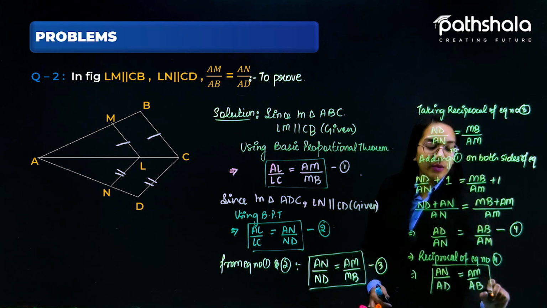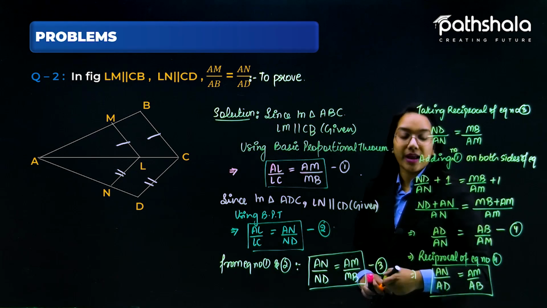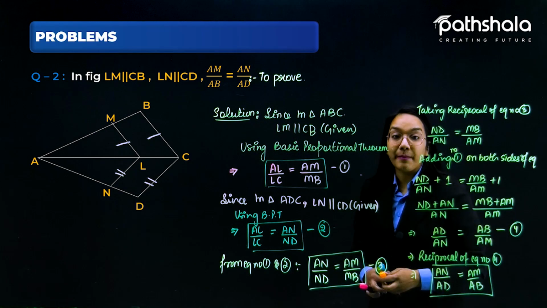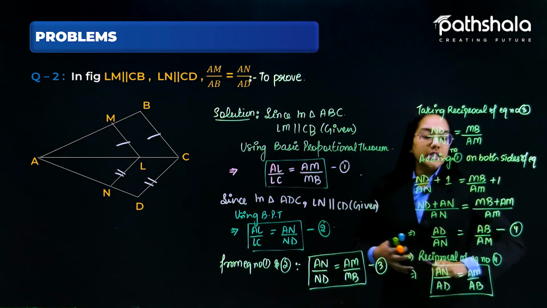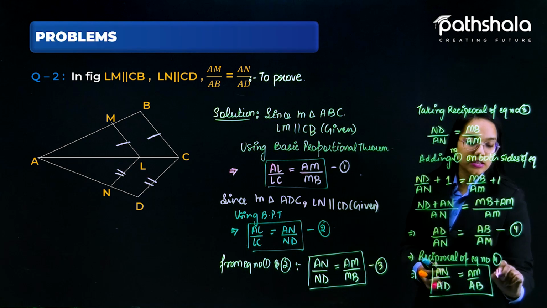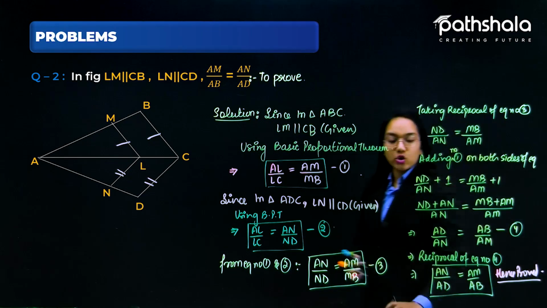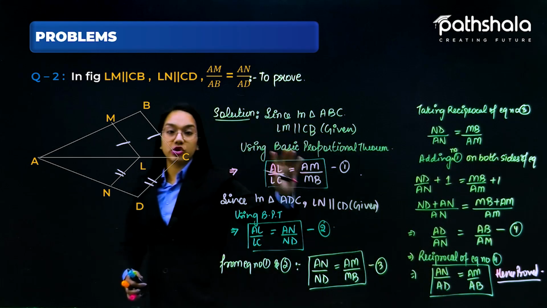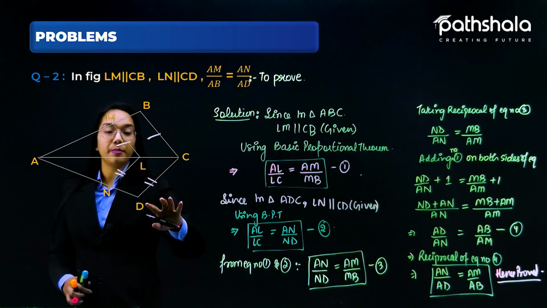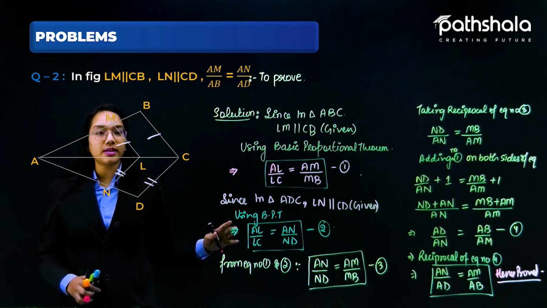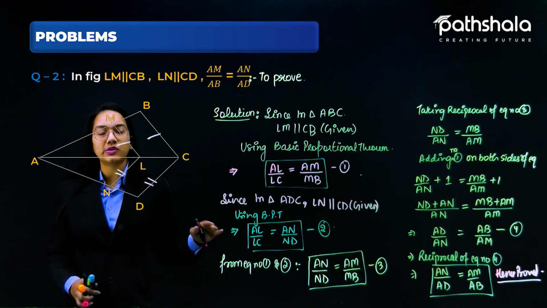And this is exactly what we wanted to prove, that AN by AD is equal to AM by AB. Hence, this is the answer related to this particular figure. So I hope all the steps related to this question are clear to you.